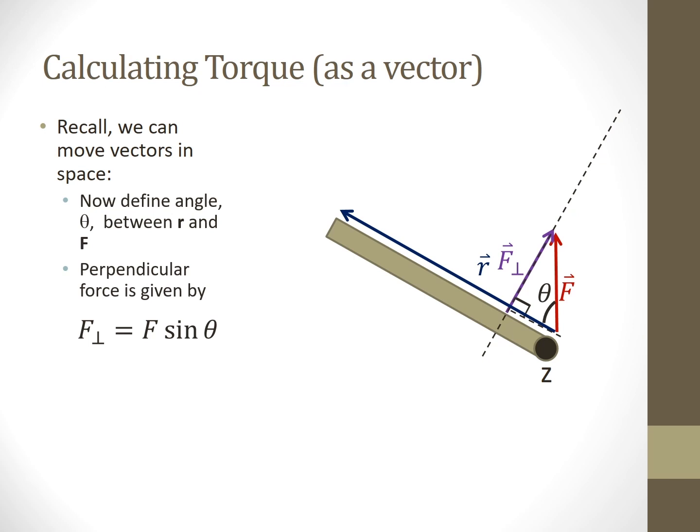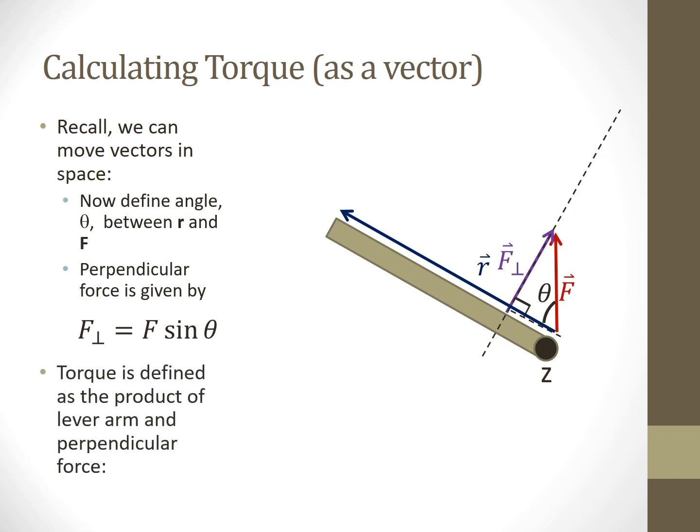We see that the perpendicular vector is opposite the angle, and sine gives us opposite over hypotenuse. In this case, the hypotenuse is the original F vector, and the opposite side is the perpendicular vector.